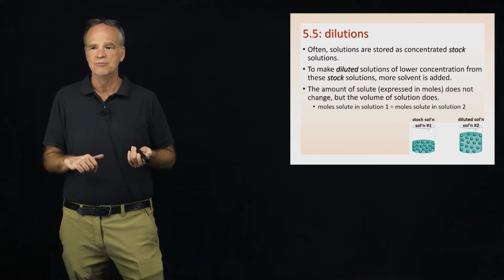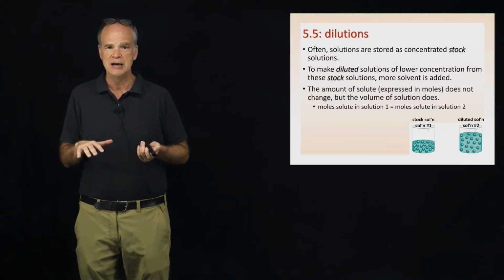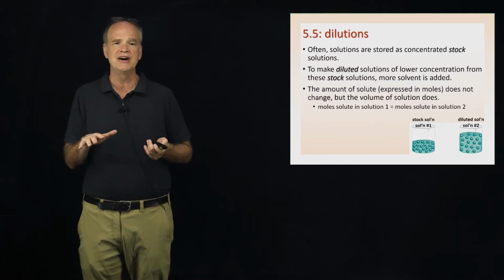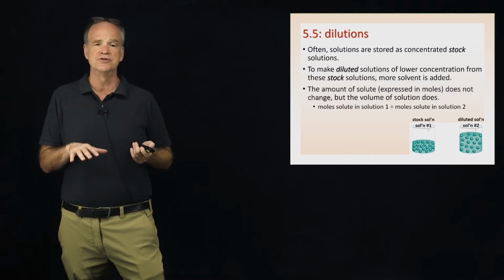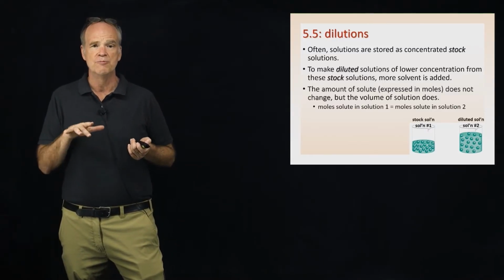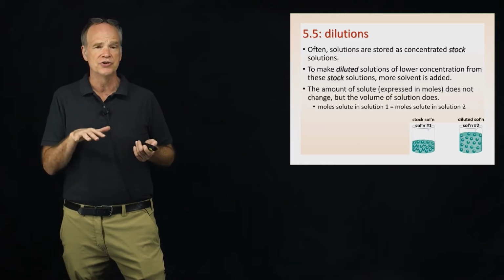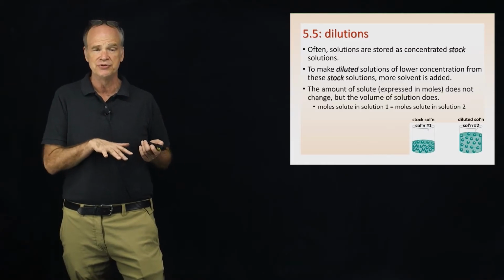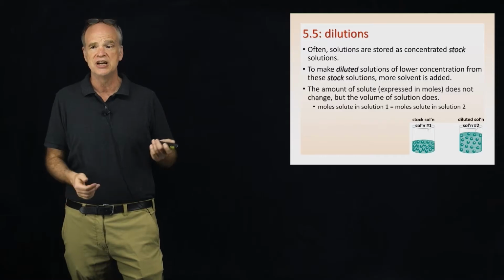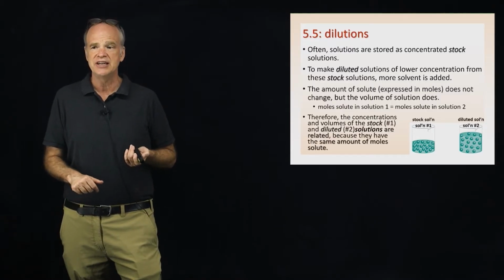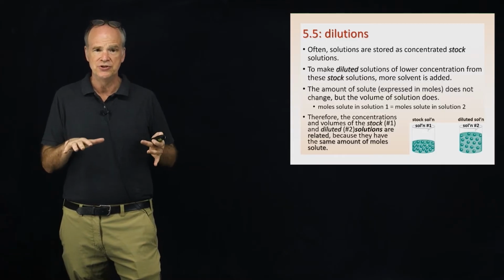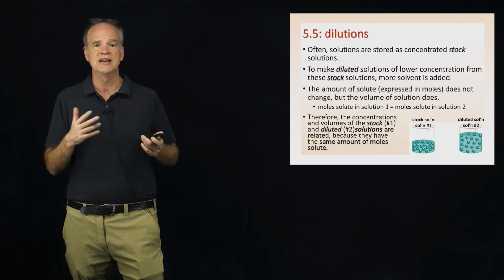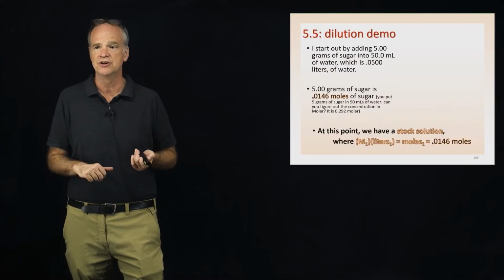One of the more basic principles that helps with these problems is to understand that when you go from a stock solution to a diluted solution, the moles of the solute stay the same between those two conditions, but the volume changes. If that is the case, you can relate solution 1 to solution 2 and solve problems given enough information. We're going to get to that in just a bit.